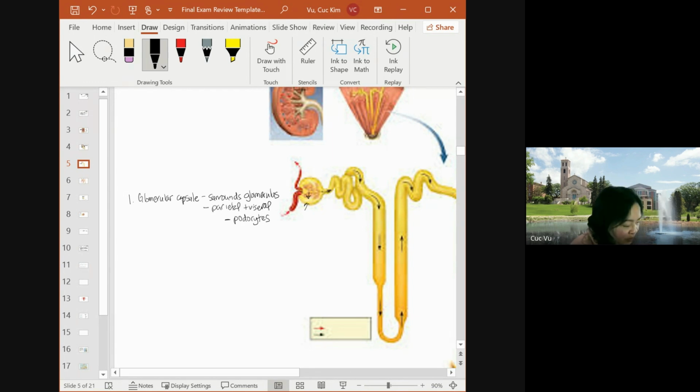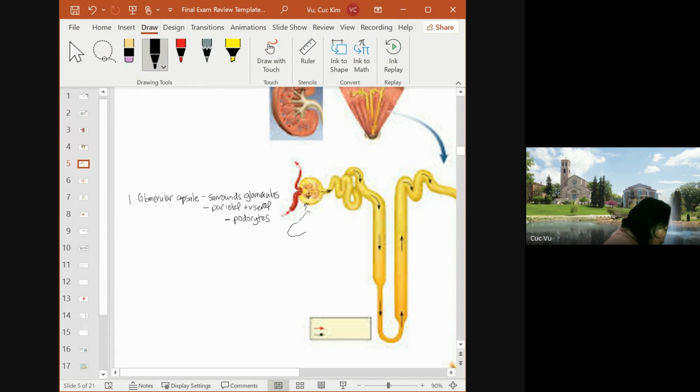And when you hear podocytes, what do you think? Foot? Yeah, exactly. You think of a foot. That's because what's surrounding the blood vessels in the inner layer of the glomerular capsule looks something like this.